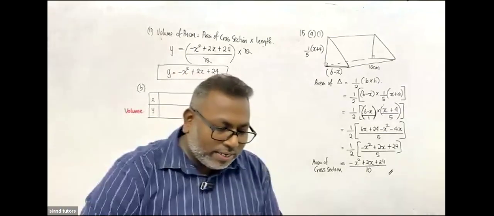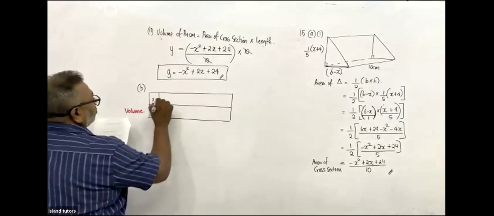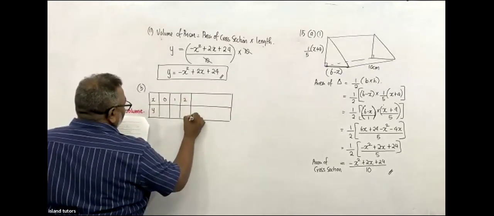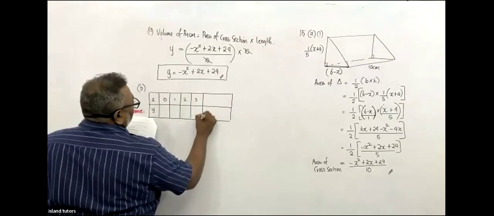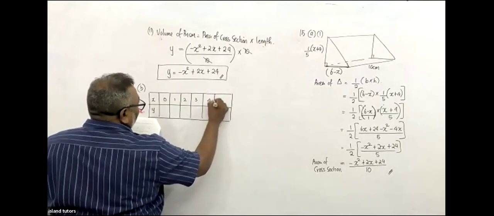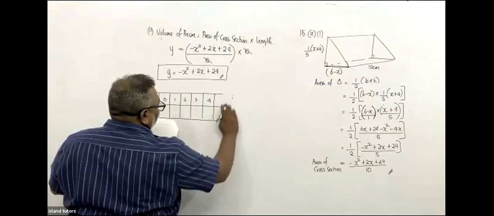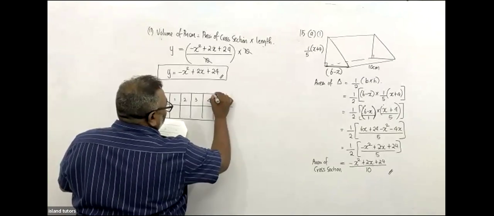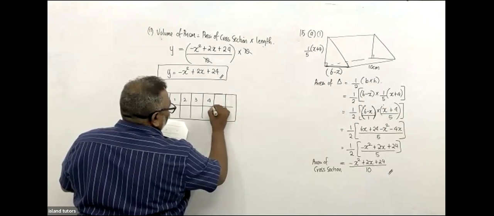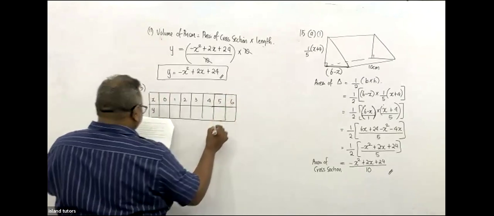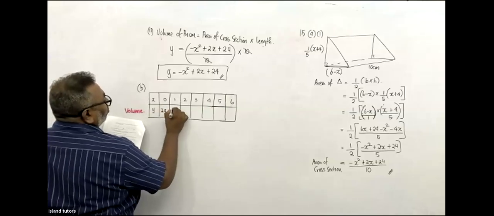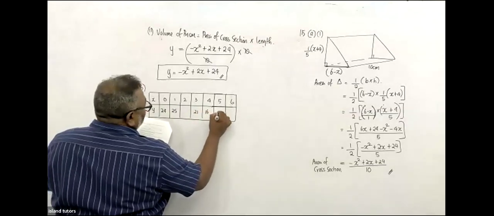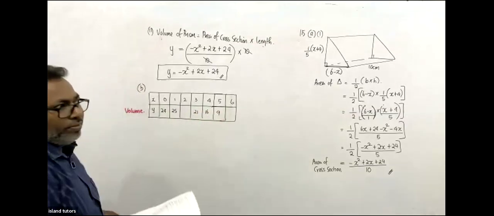Right? x values are 0, 1, 2, and so on, and y values are 24, 25, 21, 16, and 9.